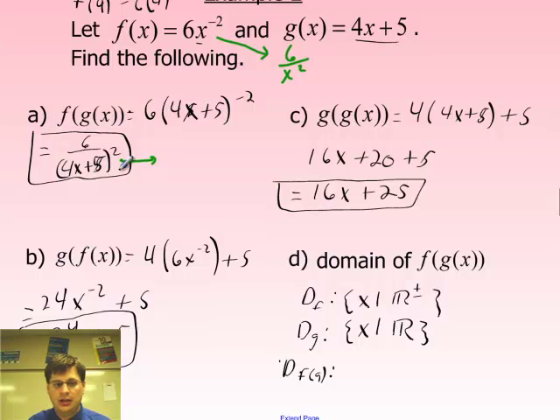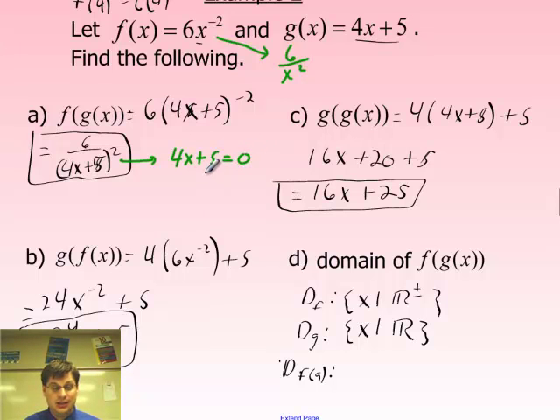So we have to find a number that x cannot be. Since this is 4x plus 5 times 4x plus 5, I just need to find what's going to cause 4x plus 5 to equal 0.